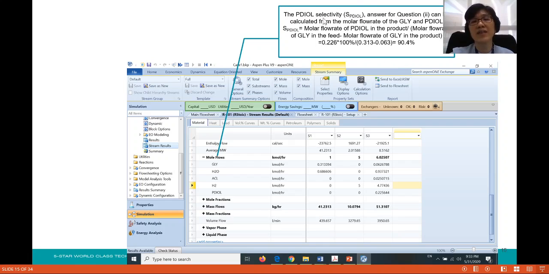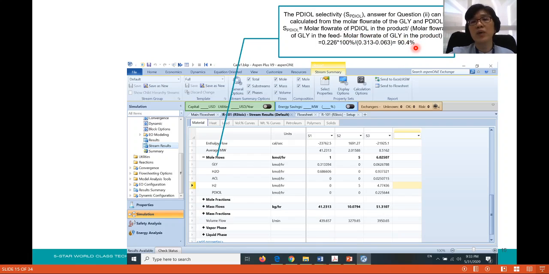The equation is given in the box up here. The selectivity of 1,2-propanediol is equal to the molar flow rate of propanediol in the product over the molar flow rate of glycerol in the feed minus the molar flow rate of glycerol in the product.